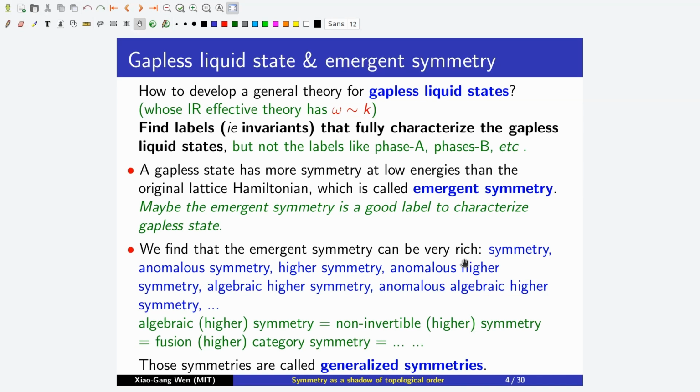That means one can develop a theory for gapless liquid states based on emergent symmetry, and from there compute many other properties. So this is another motivation for studying this generalized symmetry.